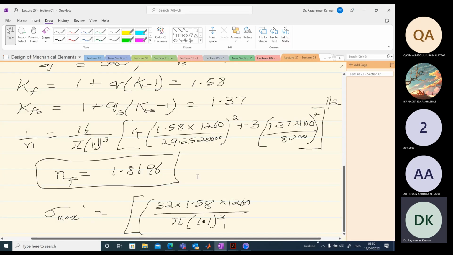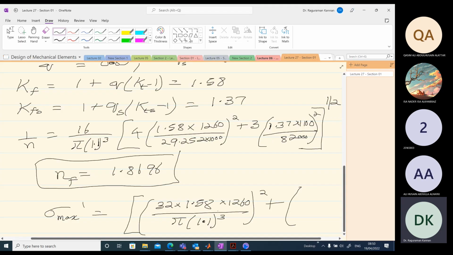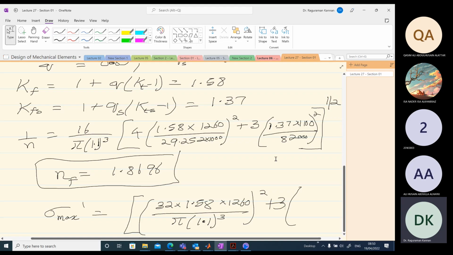Okay, square this term, plus we have 3 times 16 times KFS. Don't forget the factor 3 before that. 16 times KFS, 1.37.